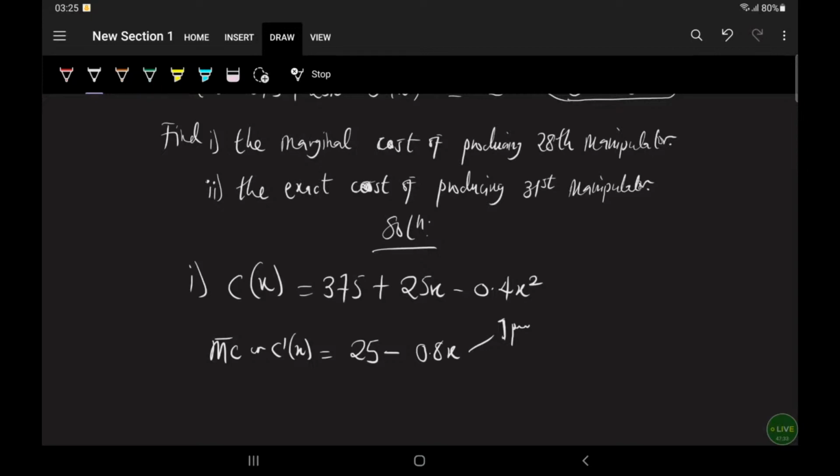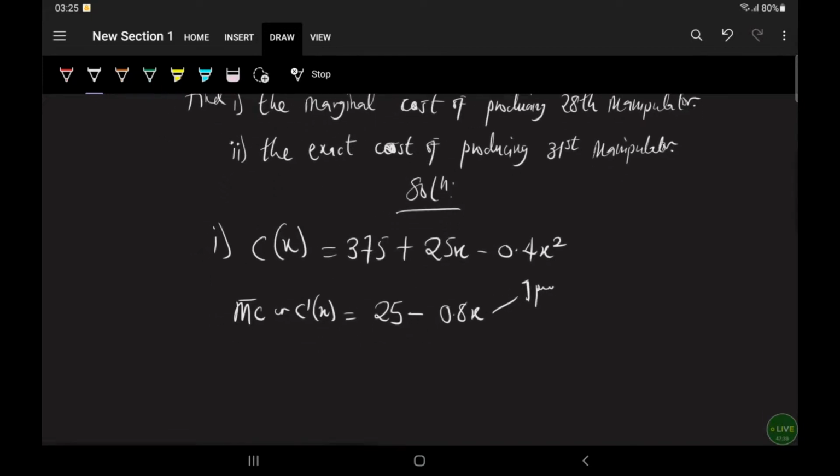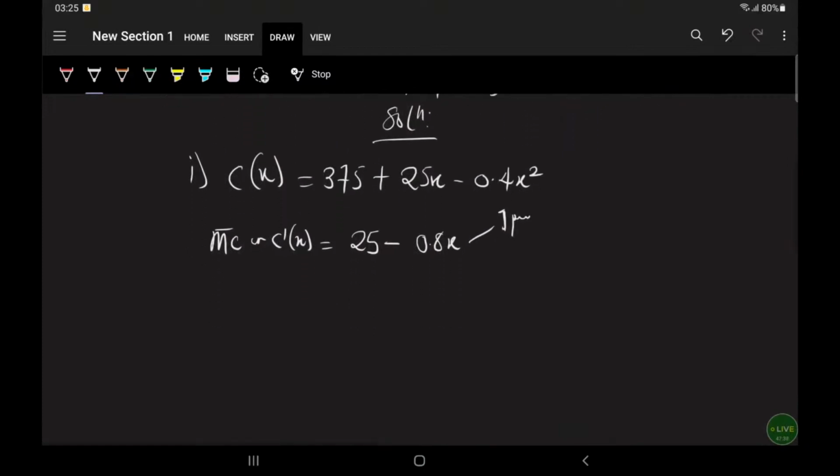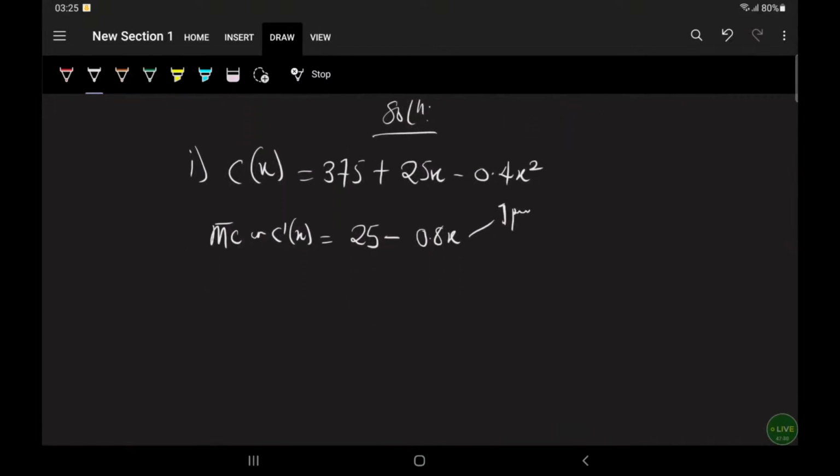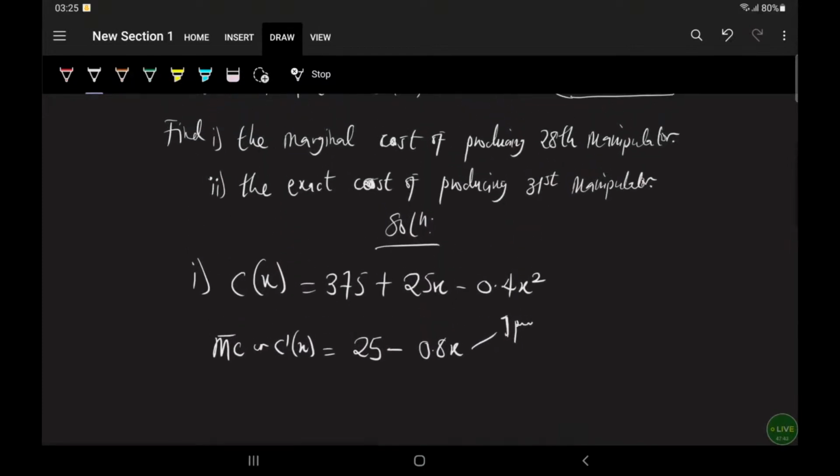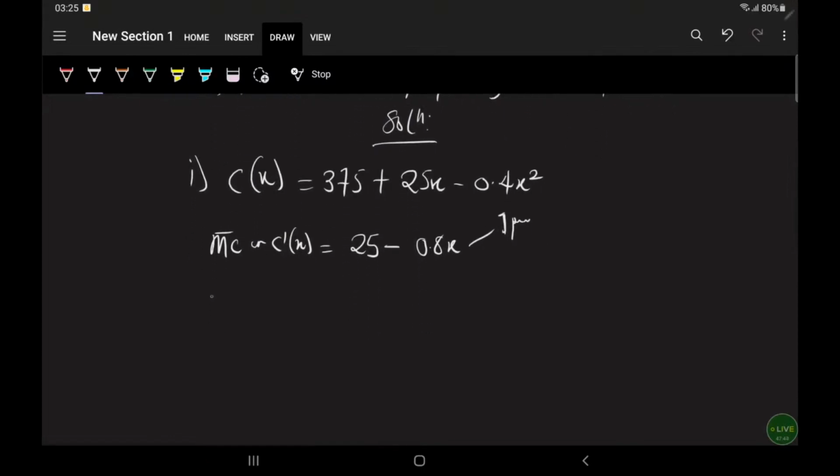Is that okay? So here we are asked to find the marginal cost of producing the 28th manipulator. So all that you need to do is just substitute 28 into the equation and you are good to go. So our marginal cost, or our cost prime of 28, is going to be 25 minus 0.8 times, whenever you see x, just substitute what? 28 there, and what's going to be the outcome?